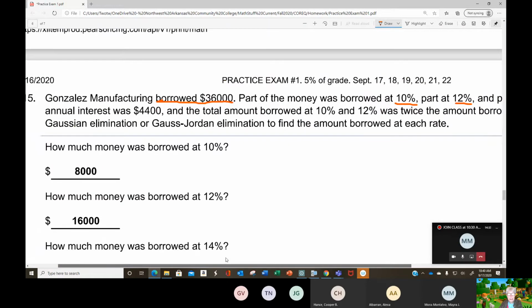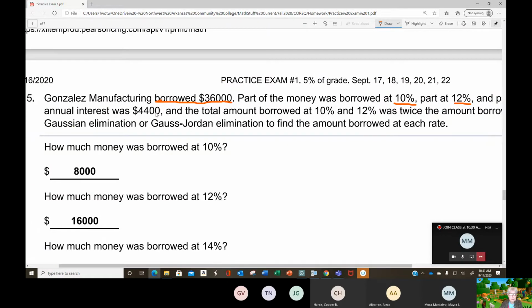The annual interest is $4,400. And the total amount borrowed at 10% and 12% was twice the amount borrowed at 14%. Use Gaussian elimination to find the amount borrowed at each rate.